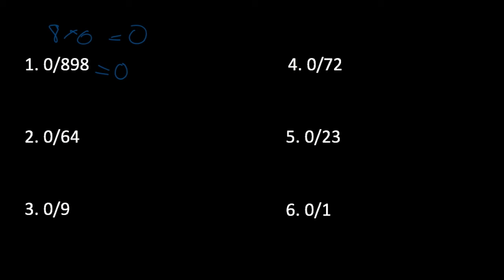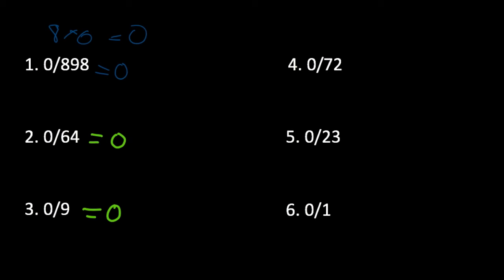Now for our next problem. Let's say you had 64 cats, and you want to share it with your friends. Well, you have 0 friends, so how many friends are you sharing it with? Sharing it with 0. Now, 0 divided by 9 would be 0, because any number divided by 0 equals 0.